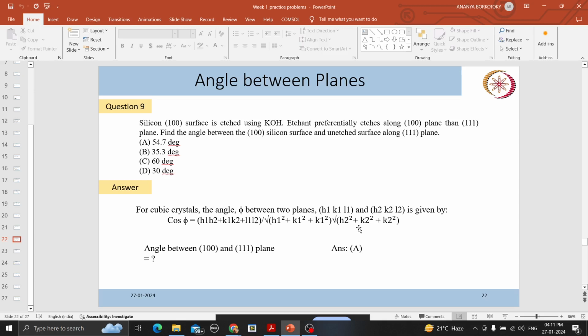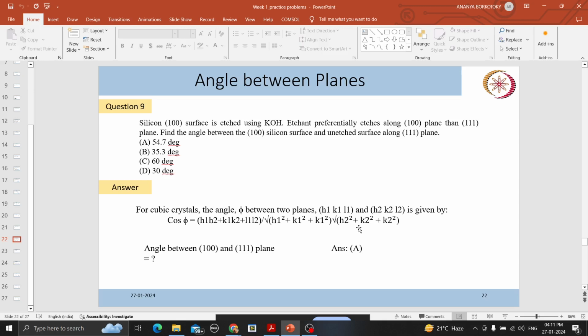We are trying to determine the angle between two planes, right? Can anyone tell?